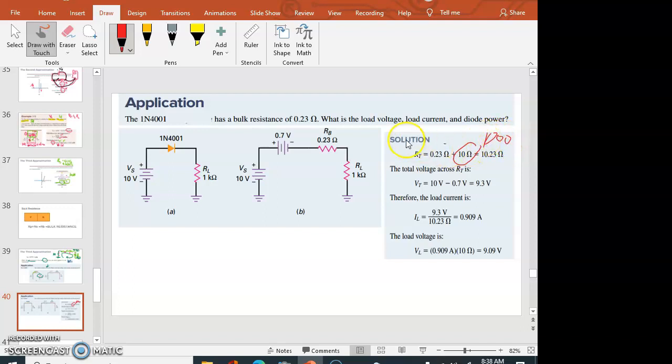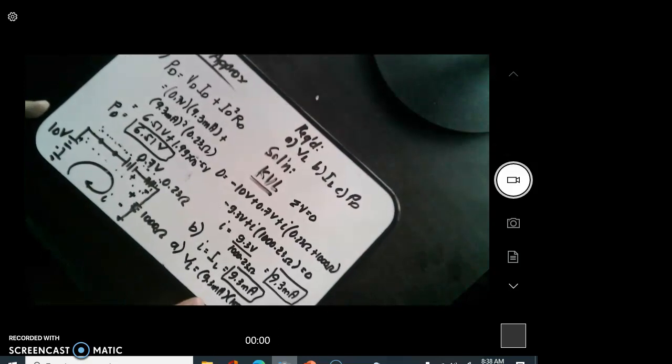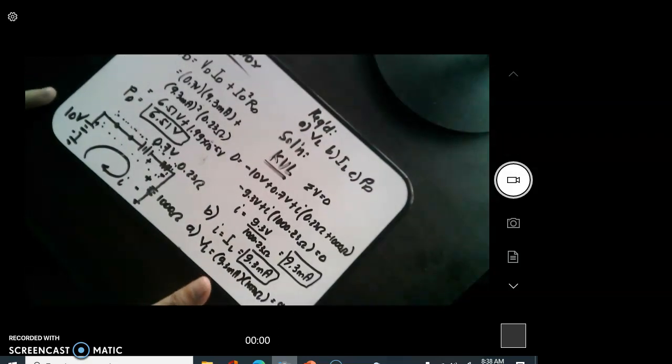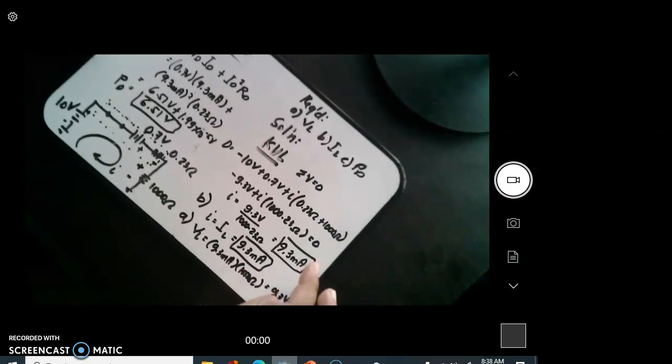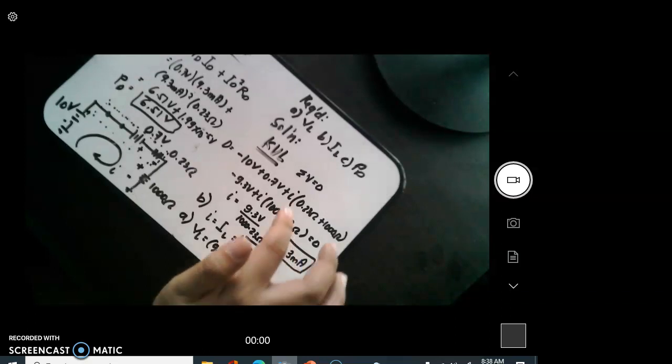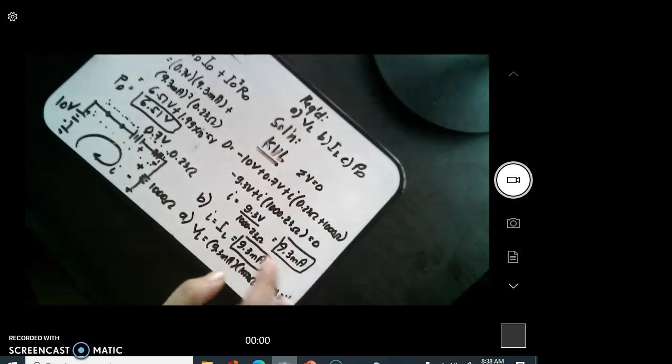The correct solution now is our solution for the third approximation for our example. So as a summary, the voltage across the load, as required, is simply equal to 9.3 volts.